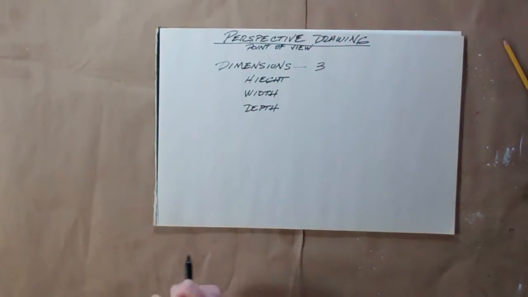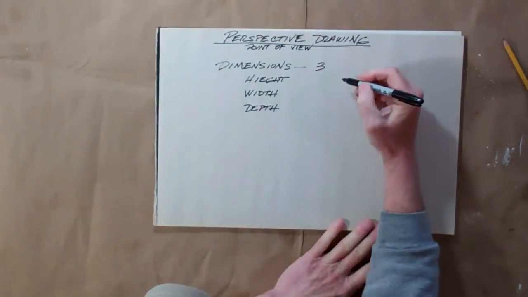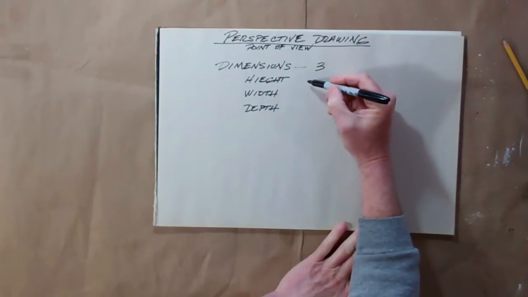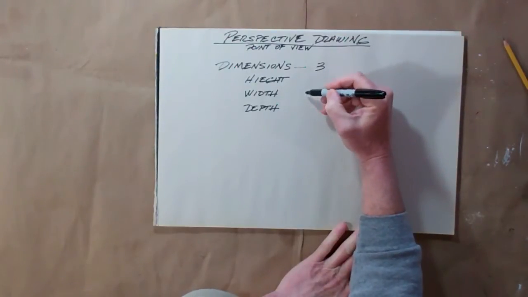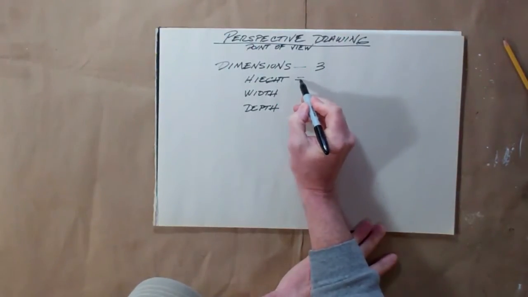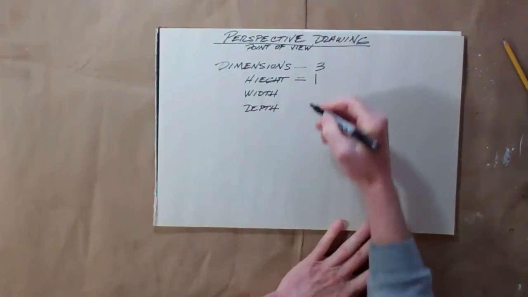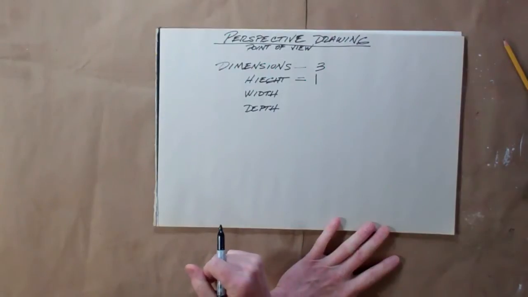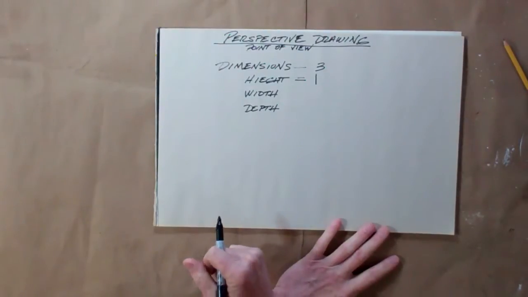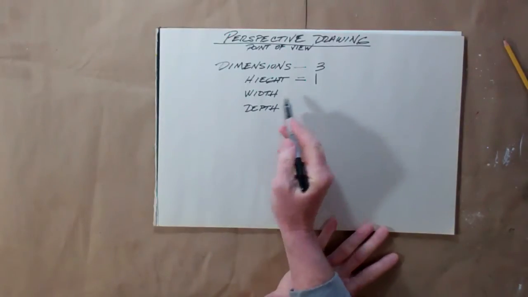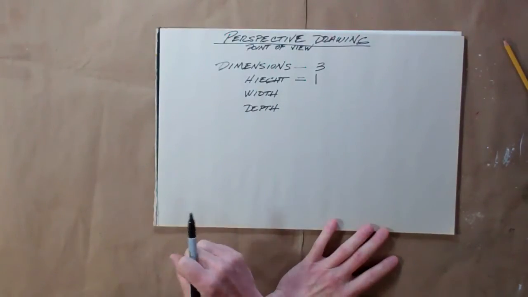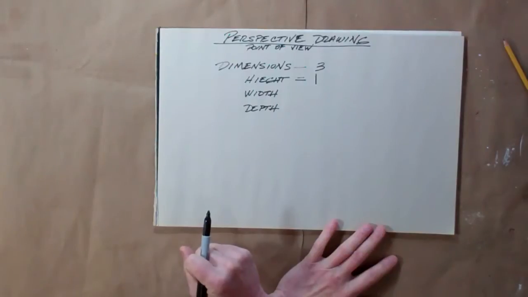Okay, so what is the height? Well, height is generally measured up and down. So it would be a line like this. It could be any length. So height can vary. It can be a variable. Actually, all of these things are variables, and that means they're just never the same, depending on the object.